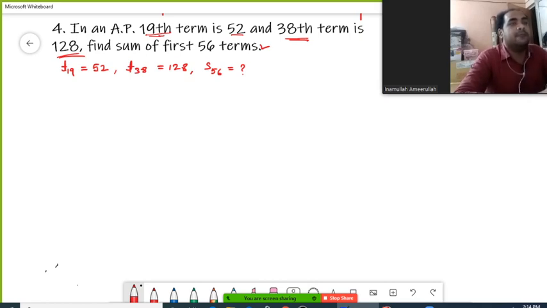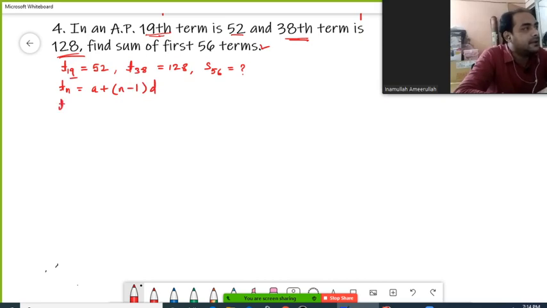But in fact, for this question, you don't need to find the value of A and the value of D. Without calculating that, we can get the answer, that is the sum of the first 56 terms. How? Look at this. T19 is 52. So I can use the Tn formula. Tn equals A plus n minus 1 into D. In this formula, we're talking about T19.